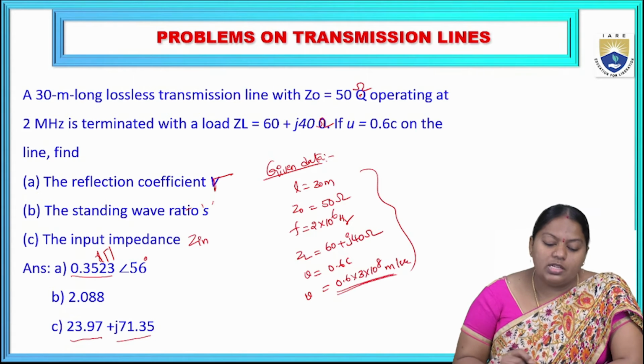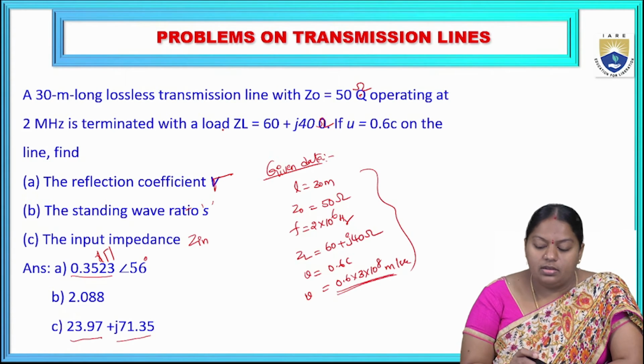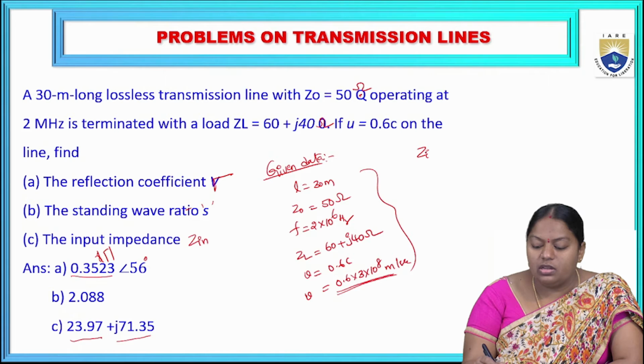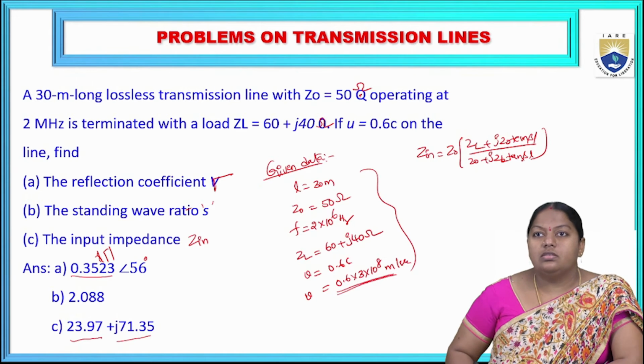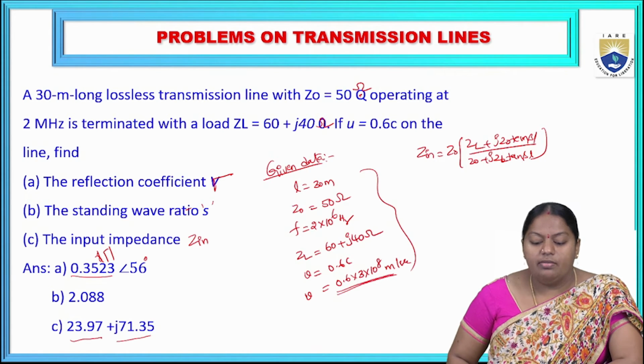For the 30 meters long lossless transmission line, the input impedance equation is Z0 into ZL plus jZ0 tan beta L by Z0 plus jZL tan beta L. Okay, this is the way input impedance is evaluated.